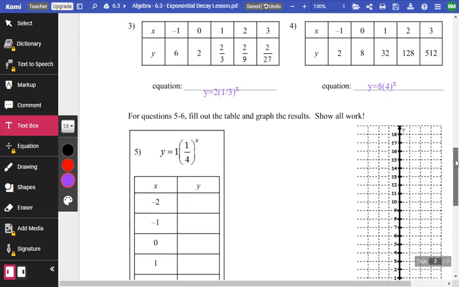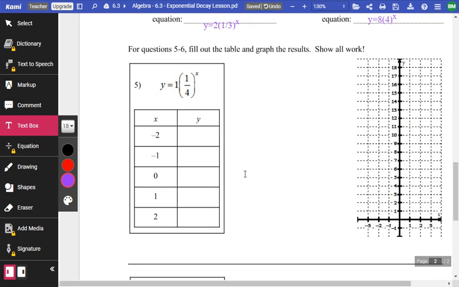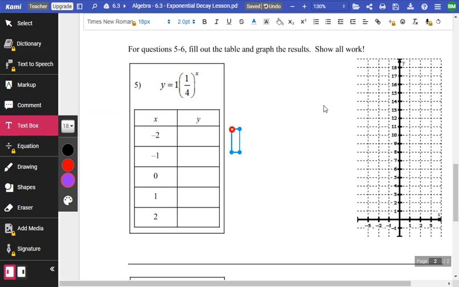Okay, so let's look at one more for graphing here. We're literally just sticking values in. So for x equals -2, it's y equals 1 times 1/4 to the -2. Now, when you do something to the -2, remember you've got to flip it.